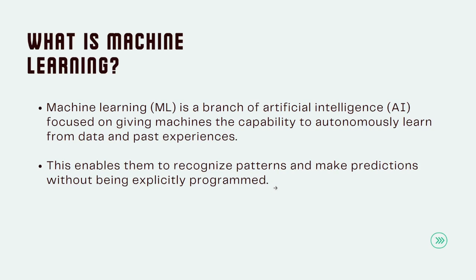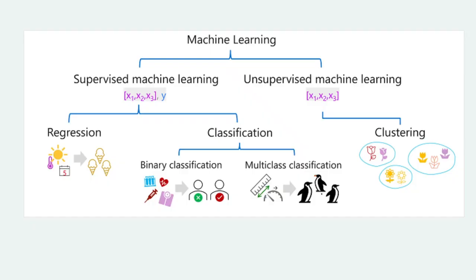Now, since we have learned what is machine learning, let's talk about different types of machine learning. We have three types of machine learning: supervised learning, unsupervised learning, and reinforcement learning. Okay, we will get into all of those one by one. So why have I kept this slide here?